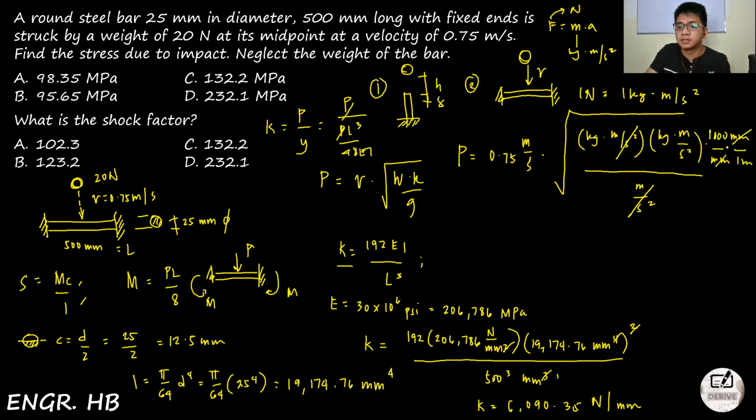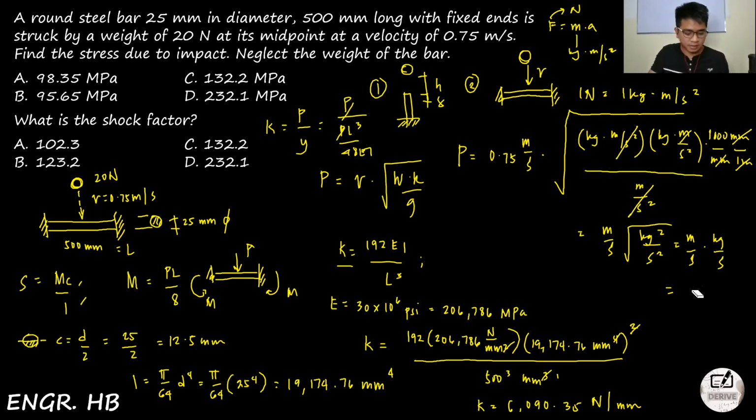So, this canceled. So, ang matitira is kilogram times kilogram per second squared. And that will become meters per second times square root of kilogram squared divided second squared. So, square root ng kilogram squared per second squared is kilograms per second. And that will become kilogram meter.